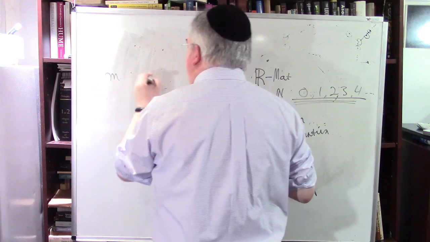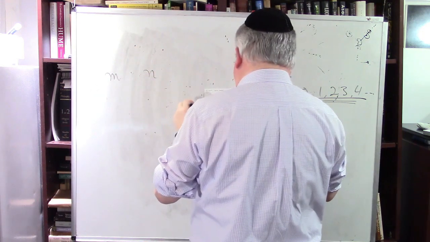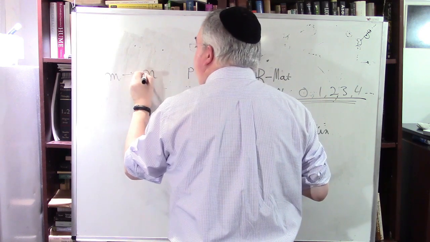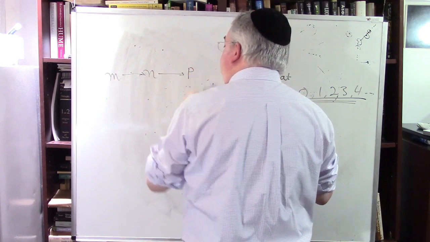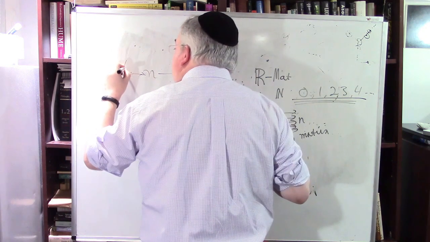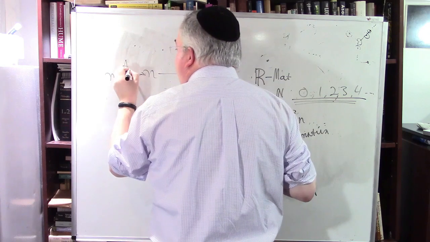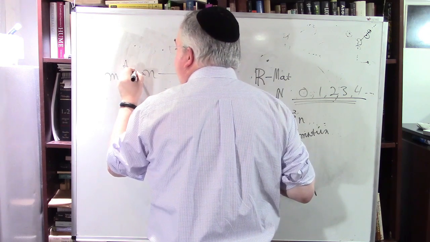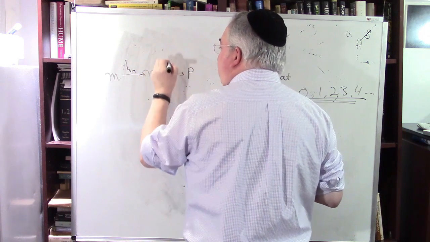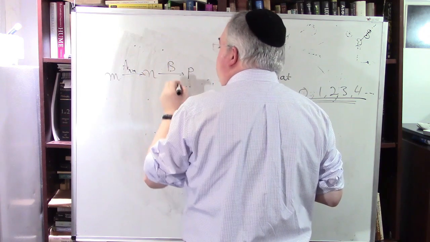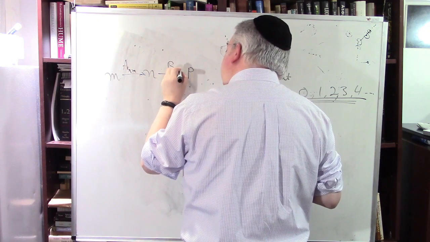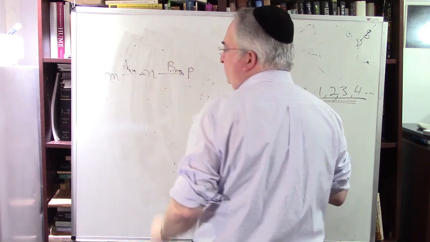If you have M and N and P, and you have a morphism from M to N, and you have a morphism from N to P. So let's write this as follows. This is a matrix A, and it has N rows and M columns. Now let's say you have another morphism from N to P, so you might call that B, and it's going to have P rows and N columns.